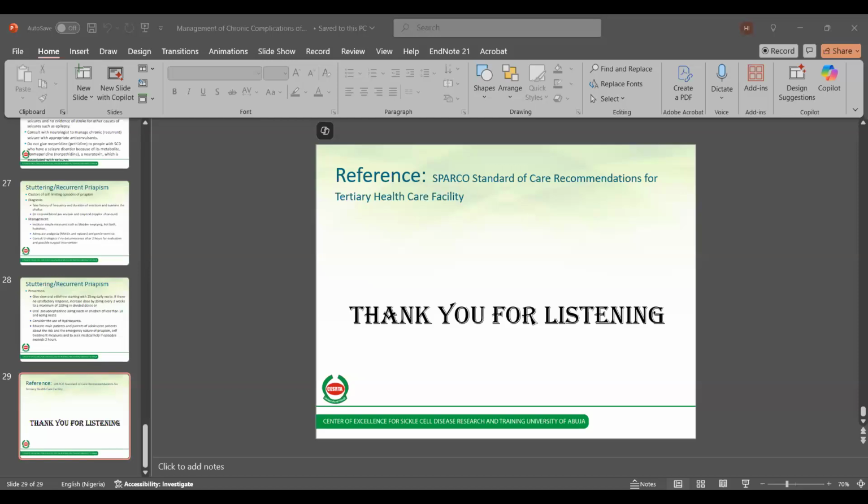But even with that, if there's any patient on hydroxyurea who is in productive age, it is usually advisable, especially for the women, that they stop using hydroxyurea for about 3 months before they conceive, and when they conceive, they will also not use hydroxyurea for the first trimester and second trimester, and thereafter they can start using hydroxyurea again.